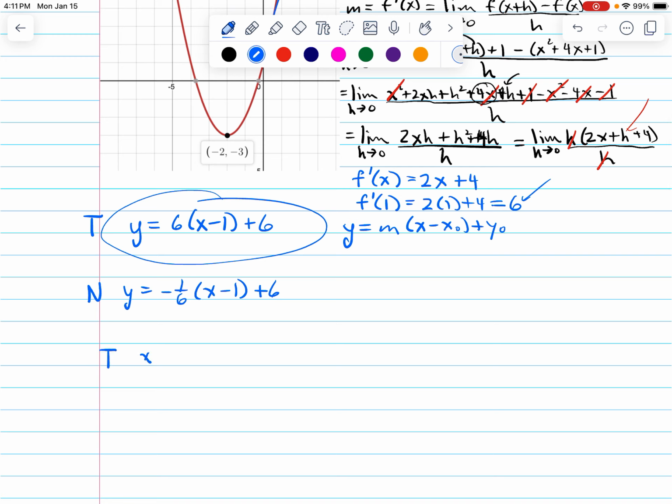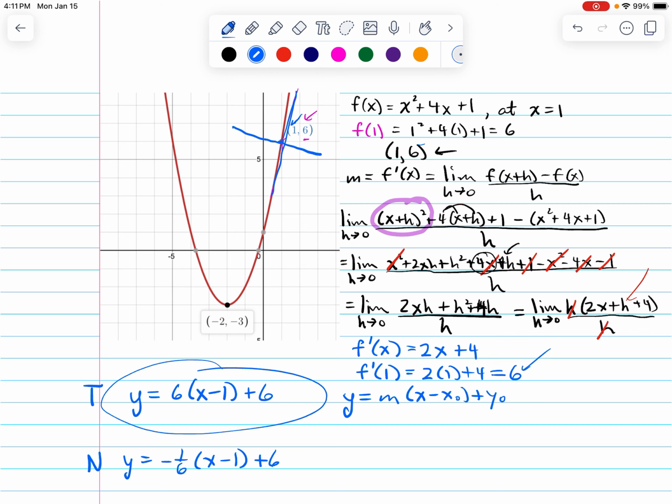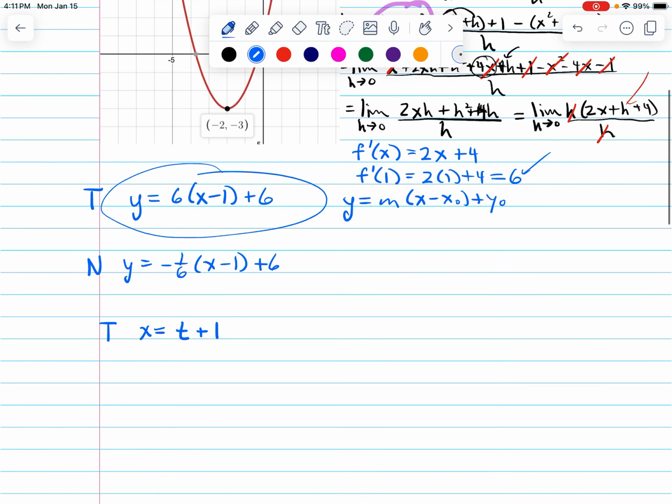You have x equals t plus 1. See? The 1 comes from right there. And then the y is the slope, 6t plus 6. And then for the normal, you have x equals t plus 1 and y equals negative 1/6 t plus 6.